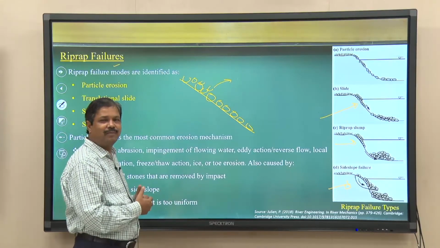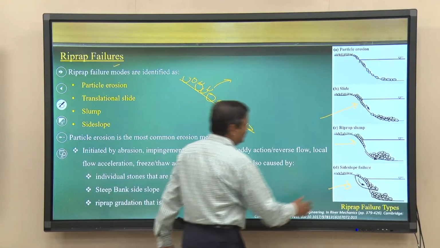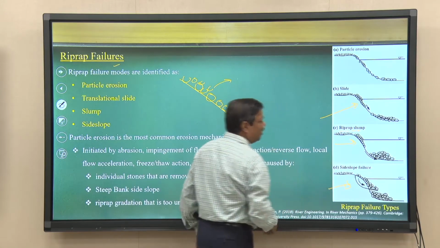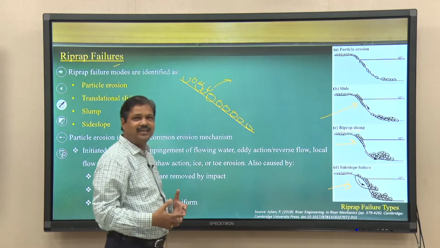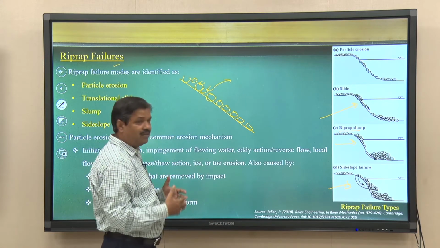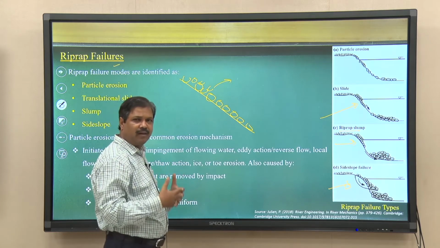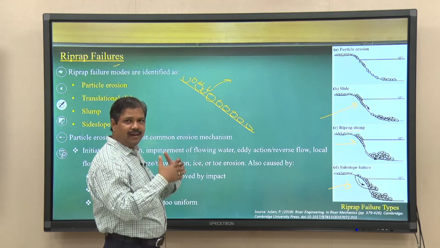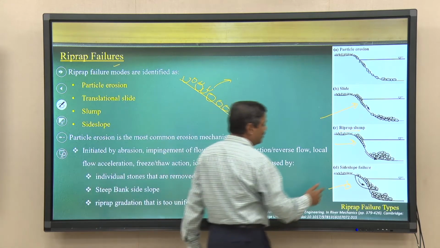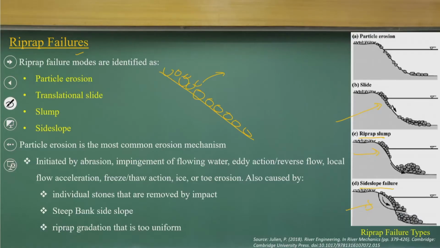If you look at the revetment, either riprap slump or side slope failure can occur if you do not design the riprap properly, or you cannot do the layout of the riprap effectively. Then you can have side slope failures, a riprap slump, or particle erosion and slides.